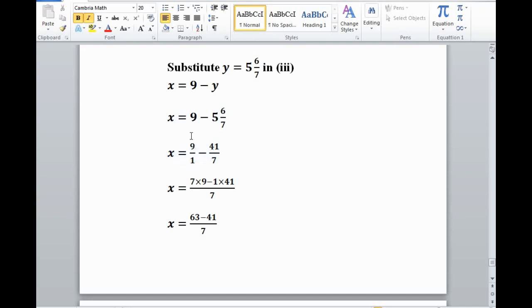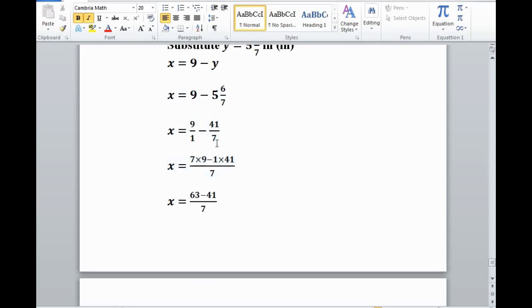So after expressing 9 as 9 upon 1, now let's take the LCM of 7 and 1. LCM is 7. Now LCM 7 divided by the first denominator 1, 7 divided by 1 is 7. So this quotient 7 will be multiplied by the first numerator 9. 7 multiplied by 9, negative sign.